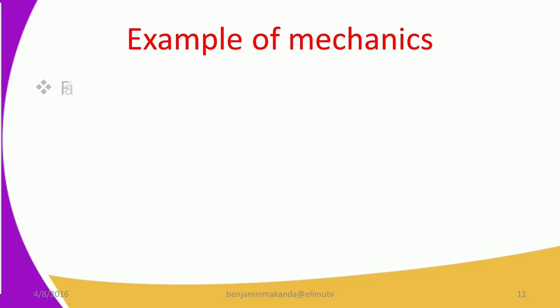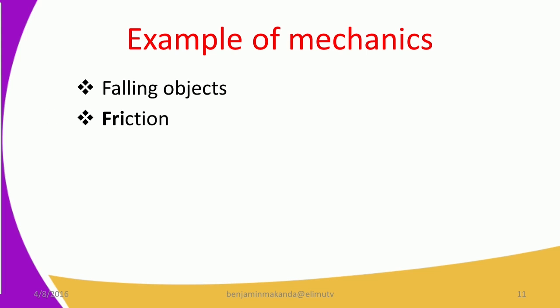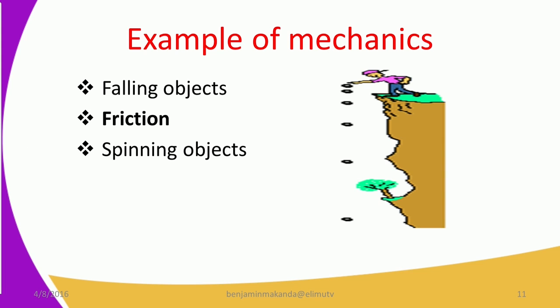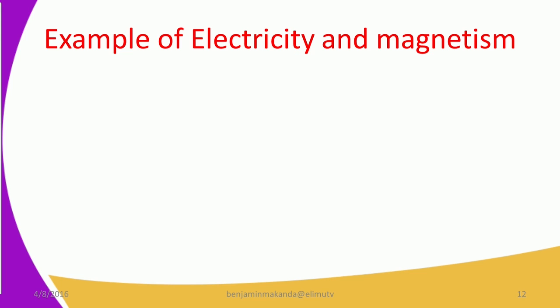Examples of mechanics now. So we have falling of objects, friction, spinning objects, and we are just picking on one example, falling of object. An individual is standing on a higher ground there and dropping some objects which are falling. This one is mechanics.